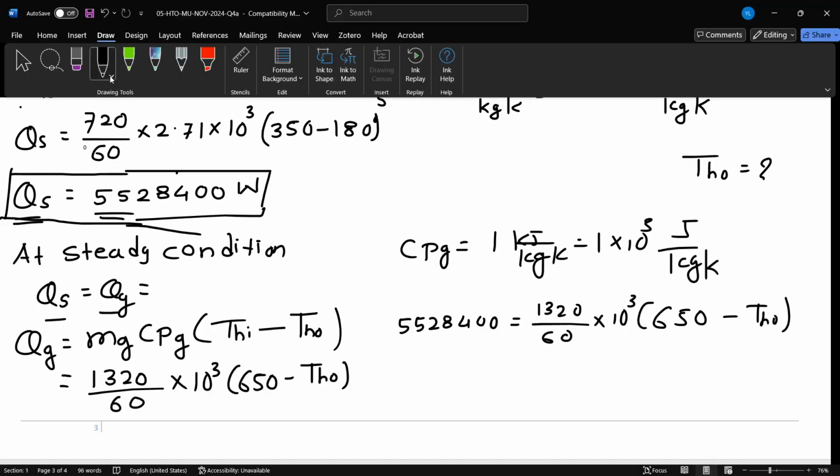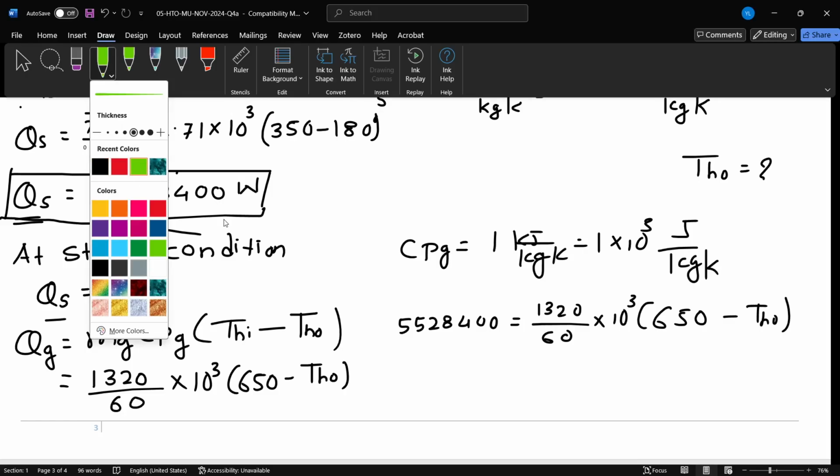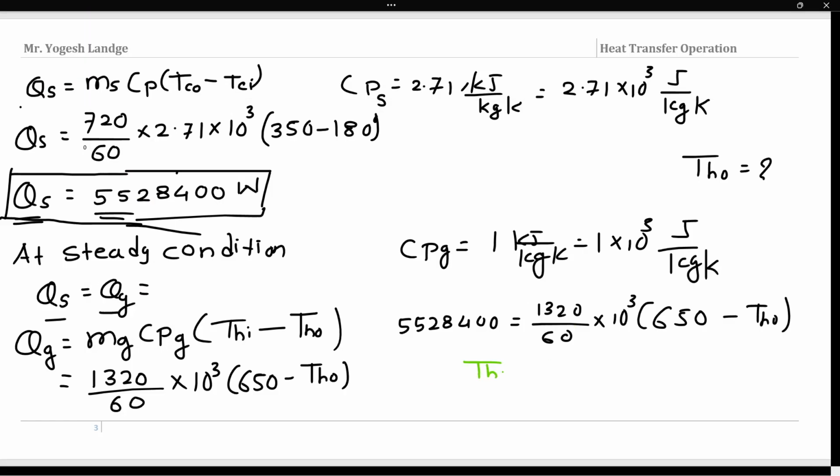So once I calculate that part, we got the value of Tho after solving all this, which is around 398.7 in degree Celsius. So this is another term that I required, because this one is useful to calculate the delta TLM, because for the delta TLM we require the four temperatures.